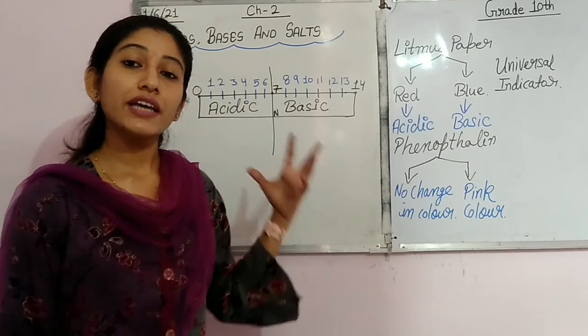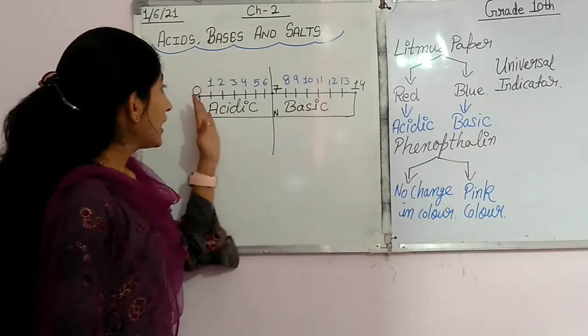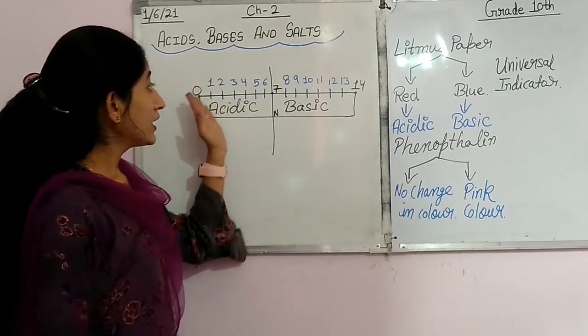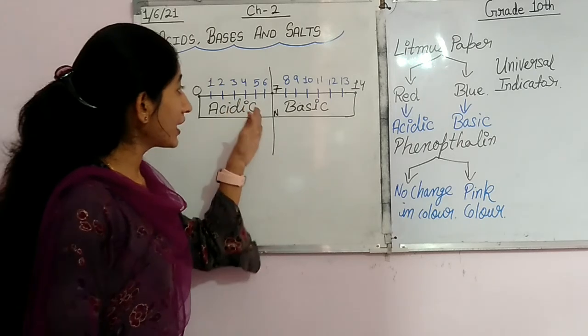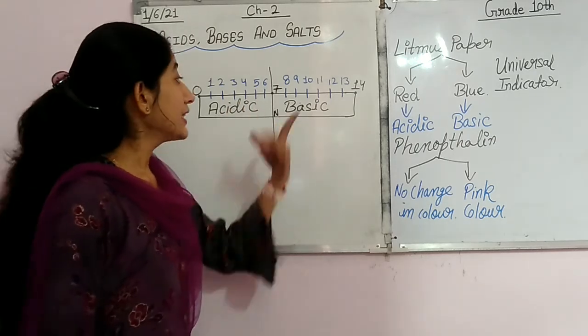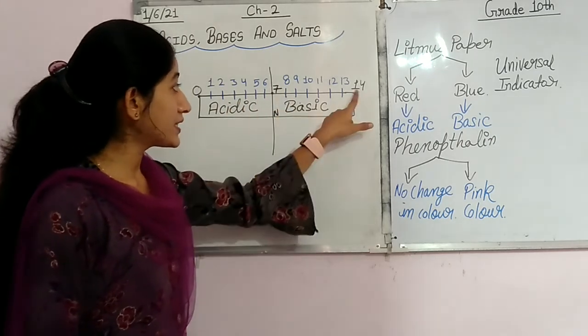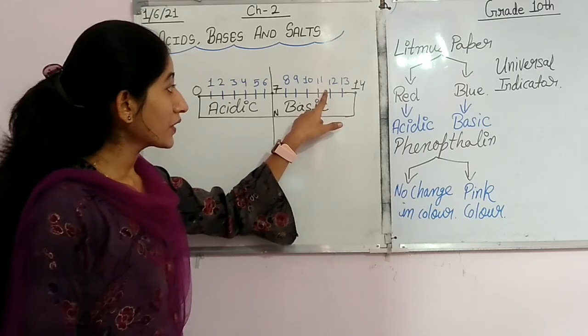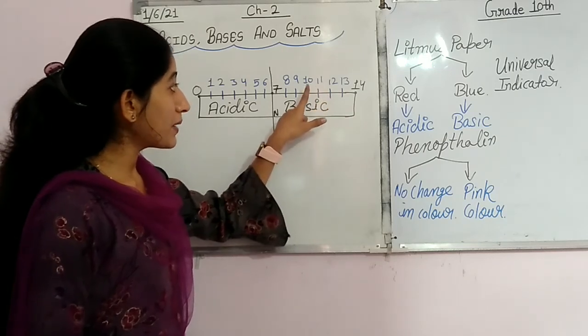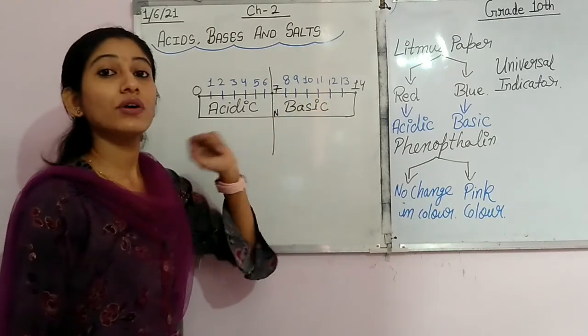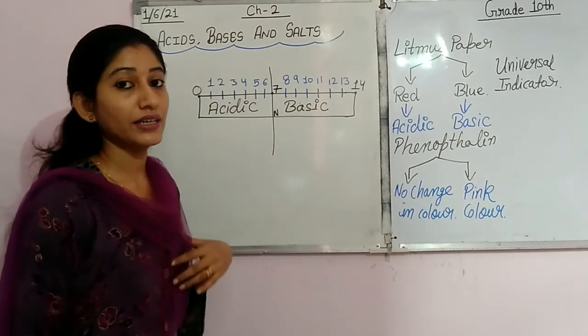In this pH scale there are also strong acid, moderate acid, mild acid and weak acid. Then there are strong base, moderate base, mild base and weak base. So in this way the numbers are there.